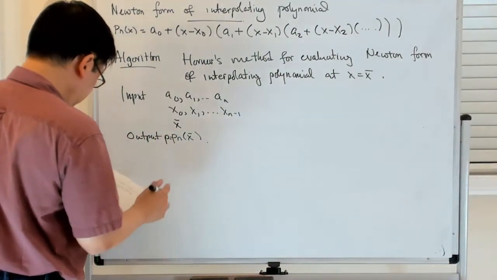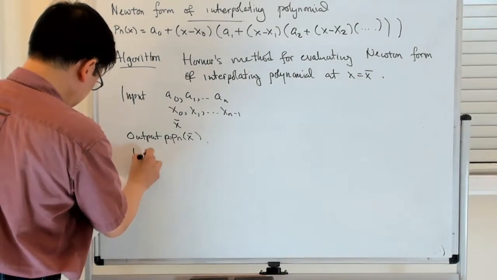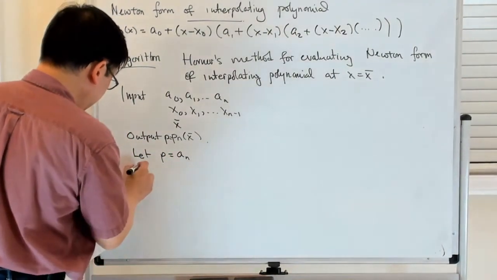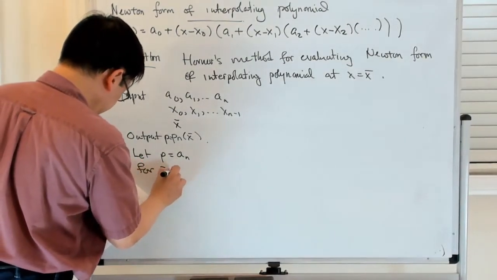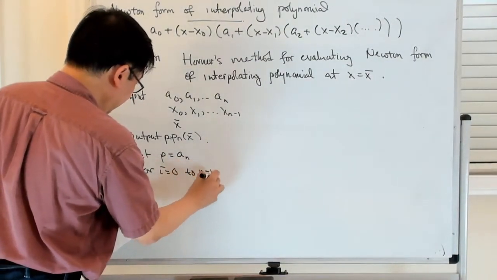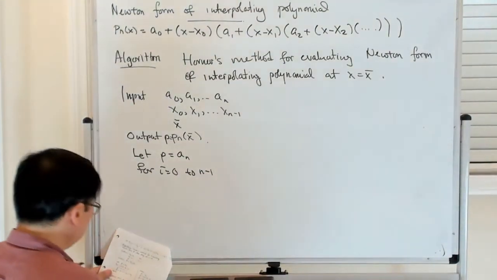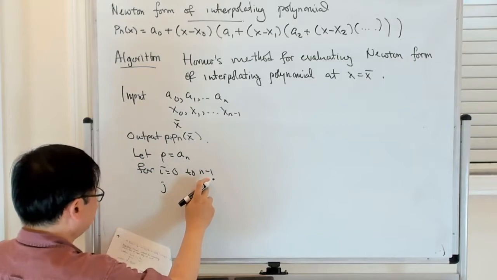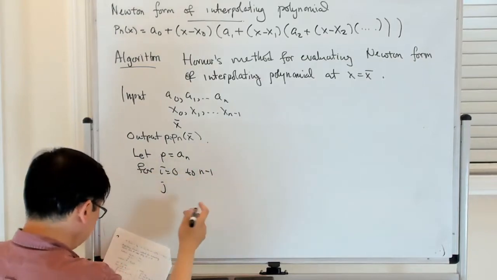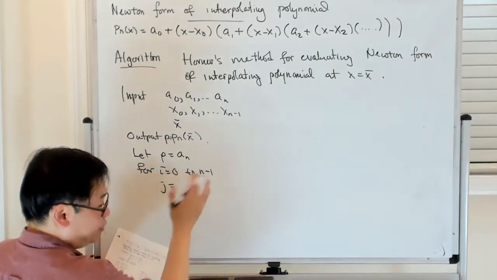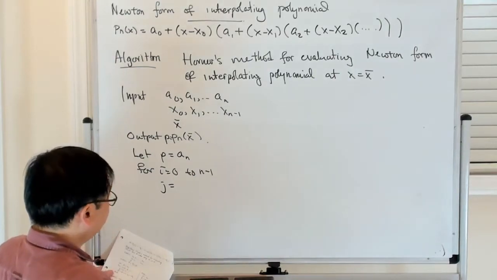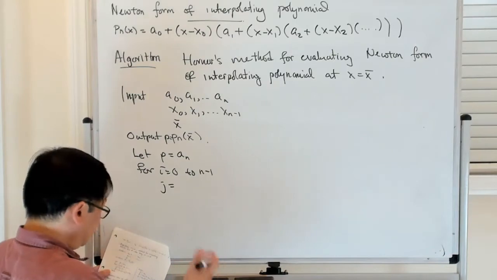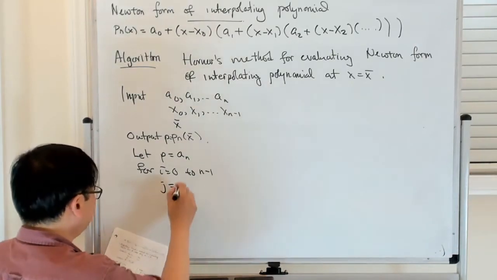So I let p equal an, and then for j from n minus 1 down to 0, in MATLAB you can set up for loops with a negative increment so it goes down instead of up.